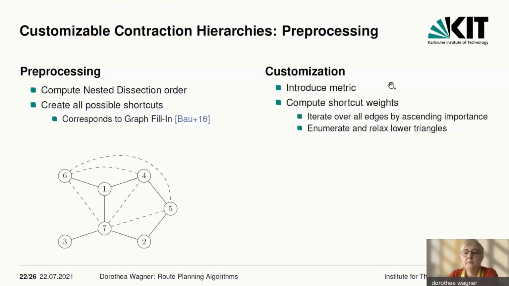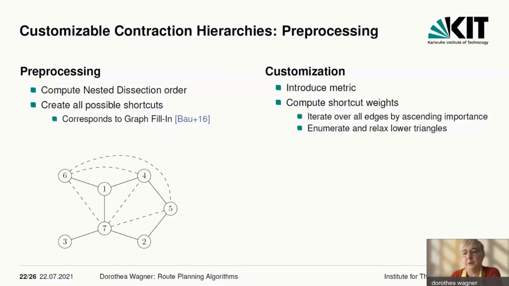Now this is what we get if we apply contraction like in contraction hierarchies, but without considering any edge weights. That just means we introduce these fill-in edges, nothing else.